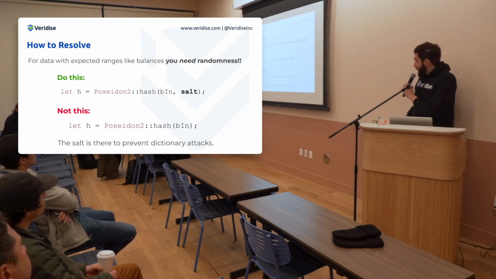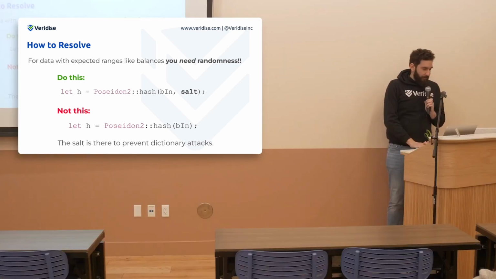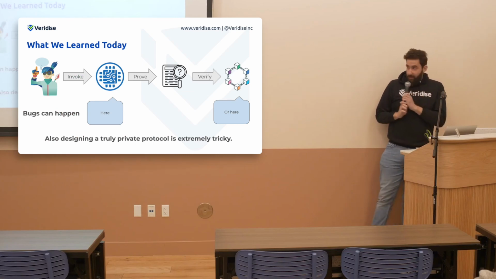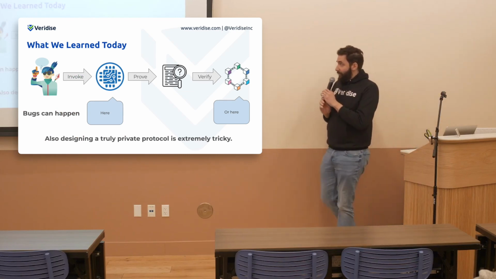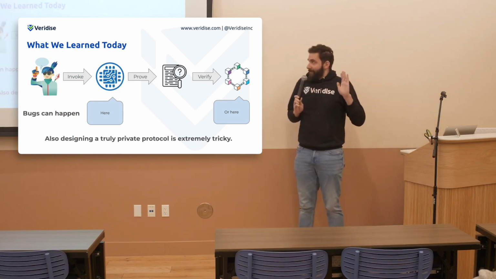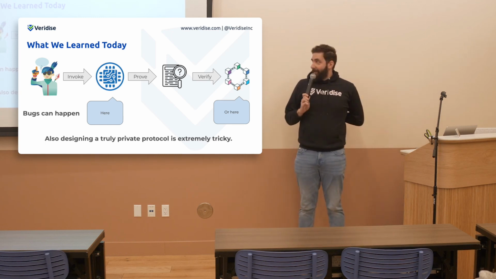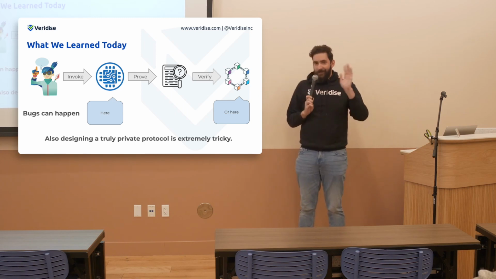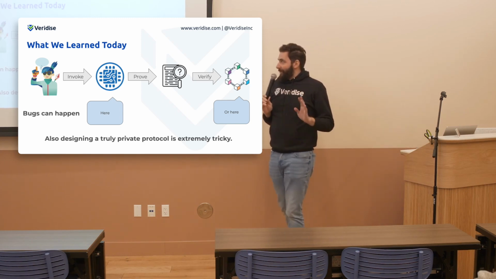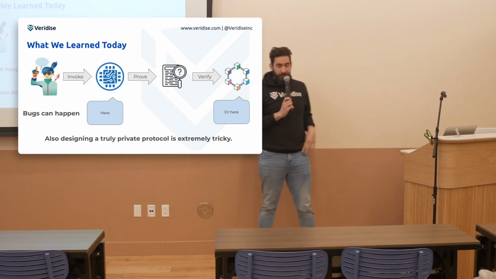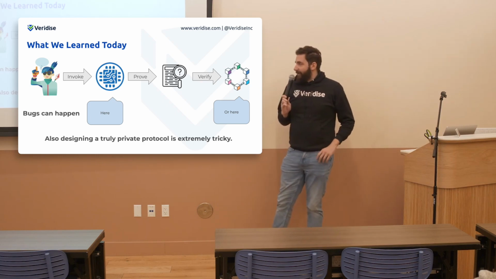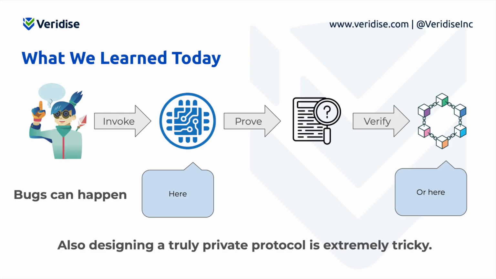So I think that concludes all the things we have to say about privacy leakage. And overall, we saw today that designing a privacy-preserving protocol, or a zk protocol in general, whether it has some privacy features or not, can be really tricky.